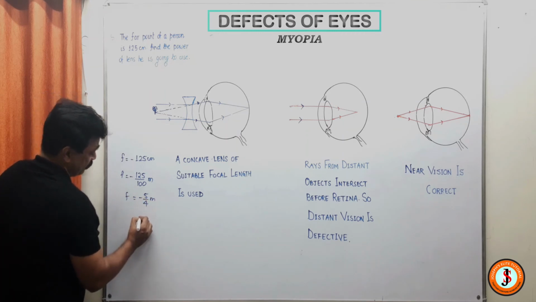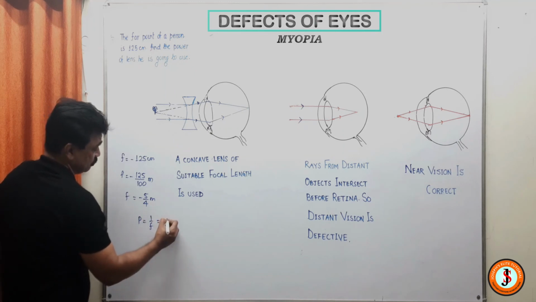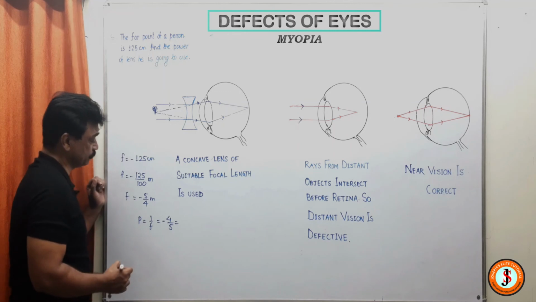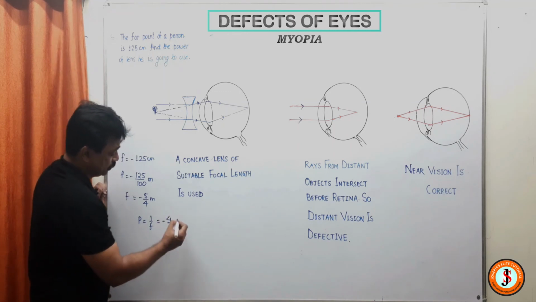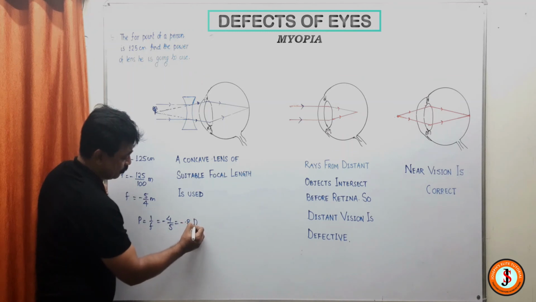But we know power is 1 by focal length, so it will just reverse, so it will be minus 4 by 5. That will be minus 0.8 diopter. So the power of the lens is minus 0.8 diopter.